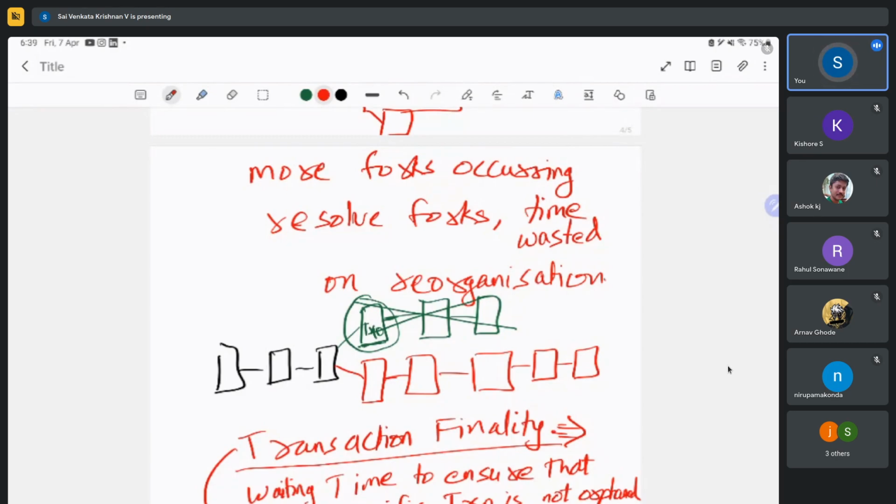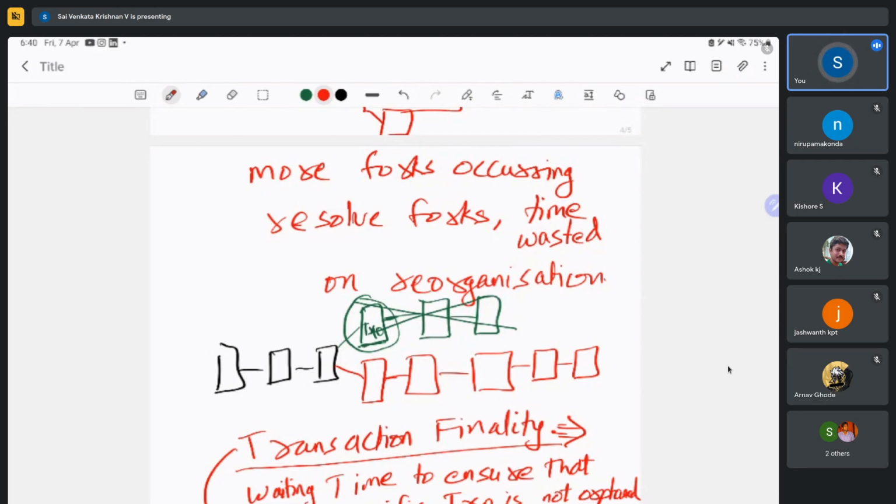All the time would be wasted on that reorganization, and not constructively used in solving the proof of work challenge and proposing new blocks. Initially, at 10 minutes per block, most of the computational resources and time were spent proposing a new block.